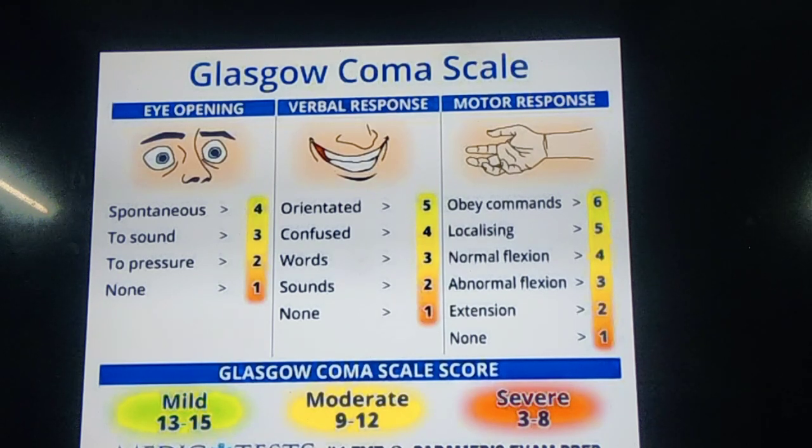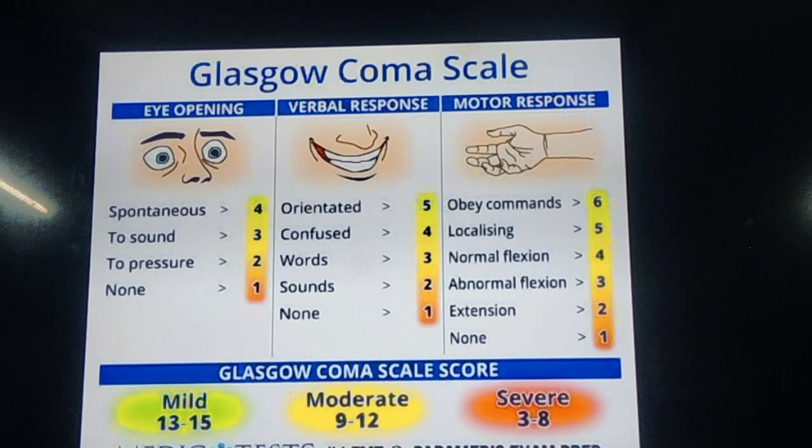So that's why the minimum score is 1 in each component of the GCS, not 0. That's why we are getting the minimum score 3. Though the chances of survival are hardly 20%, still the patient is alive. That's why we are giving the least score 1.